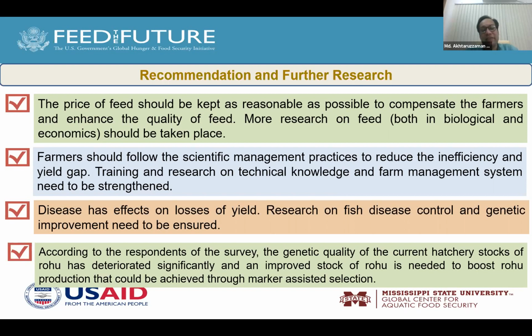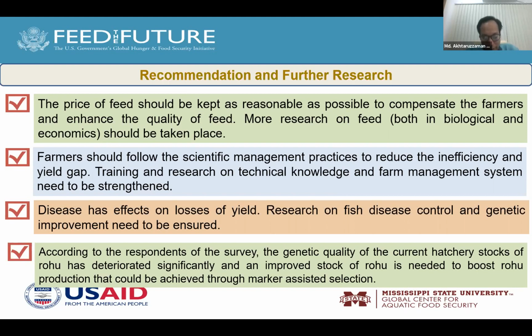Disease has an effect on yield losses. Research on fish disease control and genetic improvement needs to be ensured. According to respondents of the survey, the genetic quality of the current hatchery stock of roe has deteriorated significantly, and an improved stock of roe is needed to boost roe production, and that could be achieved through marker-assisted selection research.